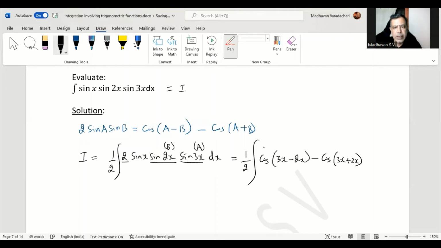And there is a sin x pending, so we write it here, sin x dx. So this I will become half times the integral of cos x minus cos 5x times sin x dx.